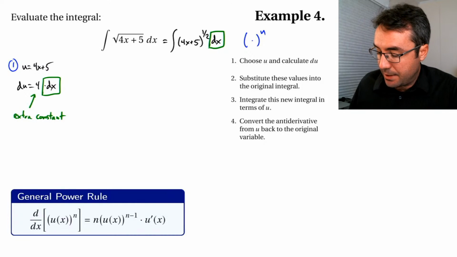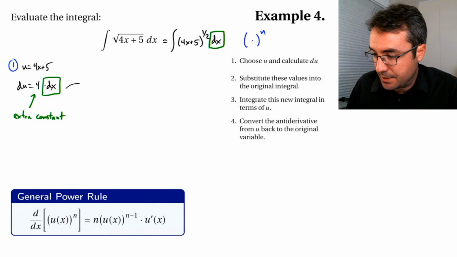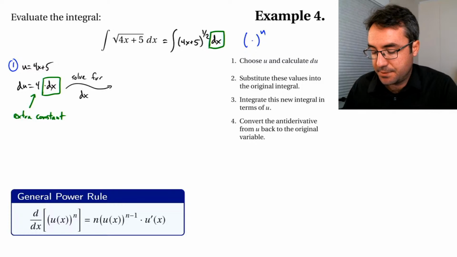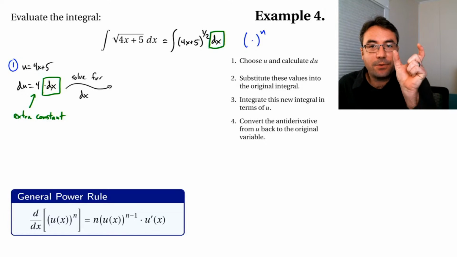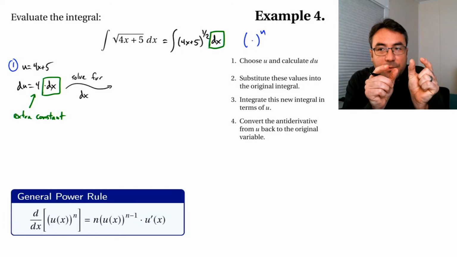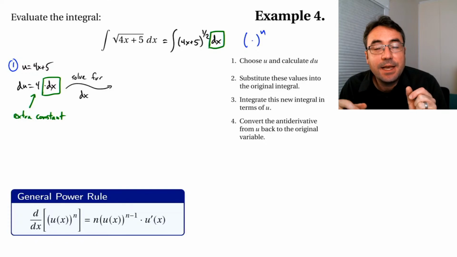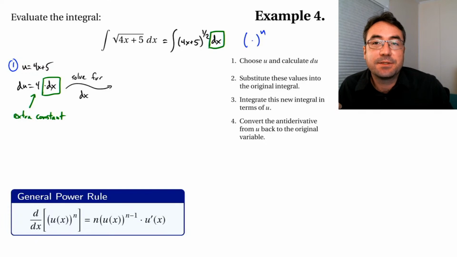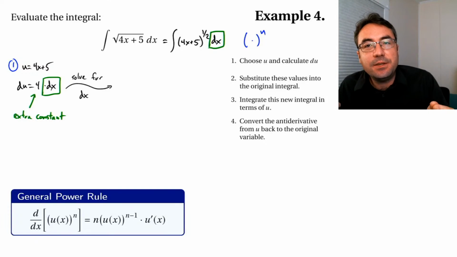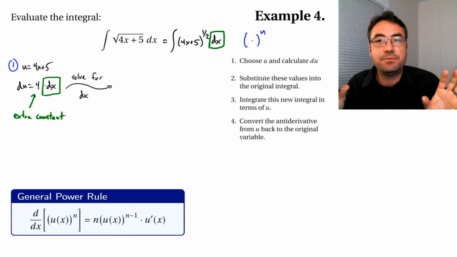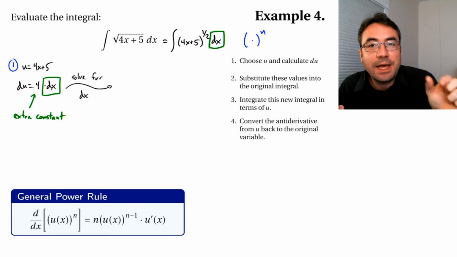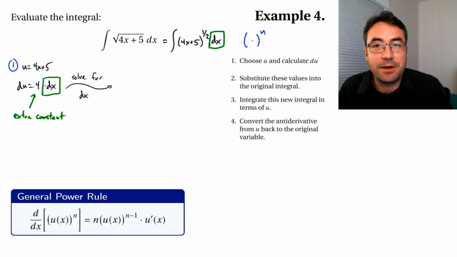And the way we handle this is we're going to solve for dx. So we're going to take that equation du is equal to 4dx, and we're going to solve for dx. So again, think of du, think of dx. These are just variables with 2 letters in their name instead of 1 letter.